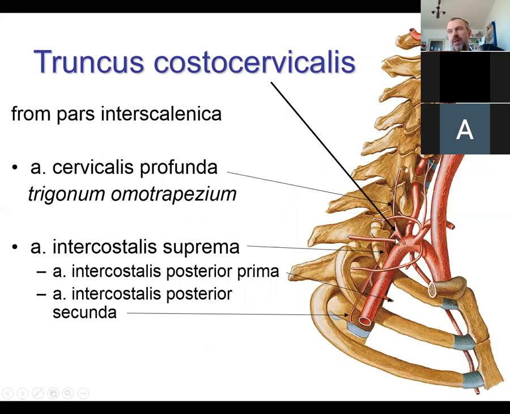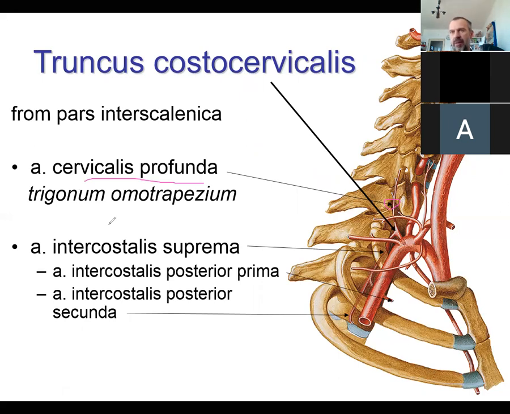Now the second segment, the interscalenic segment. The interscalenic gives 2 branches, deep cervical and supreme intercostal. Okay, deep cervical goes deep inside the neck muscles, so longus colli, scaleni, and it also supplies the deep back muscles.